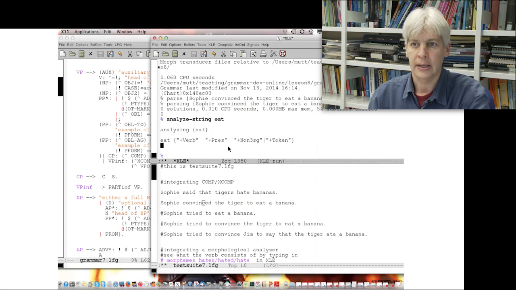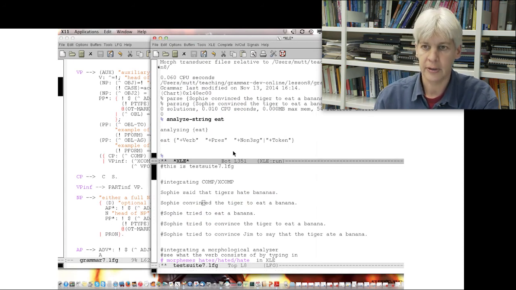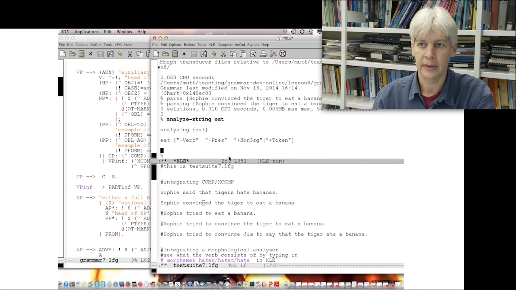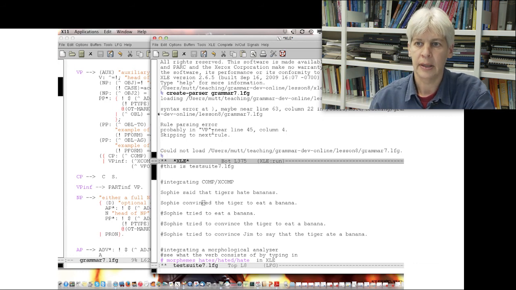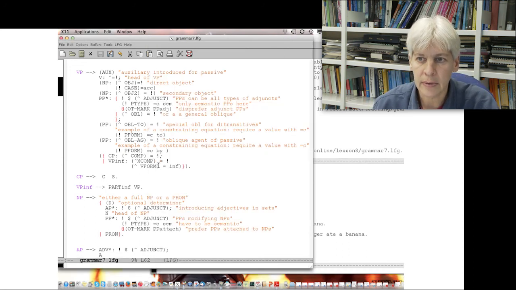Okay, let's try this again. Let's hope I got it right. If not, I'll have to check my notes on how to do it right. But let's hope it's correct. So let me load my grammar. Okay, and I have some rule parsing error in the VP rule because I did something wrong here.